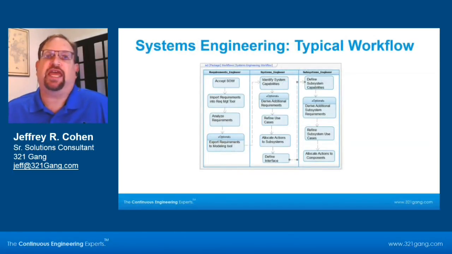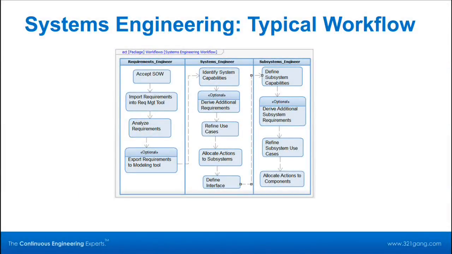That being said, I tried to take a typical workflow and realized that each of these swim lanes here could be a different person or just the same person wearing different hats. We typically see within the systems engineering community people who specialize in requirements engineering, systems engineering, and then the subsystems engineering.